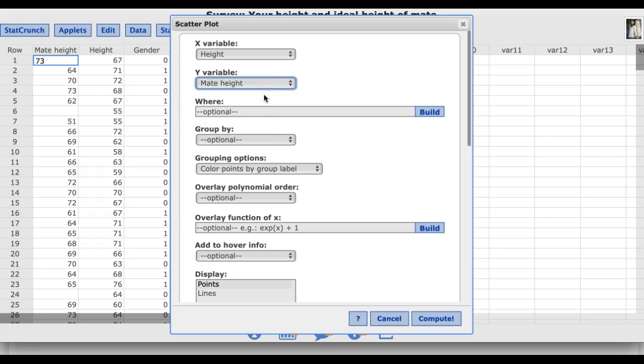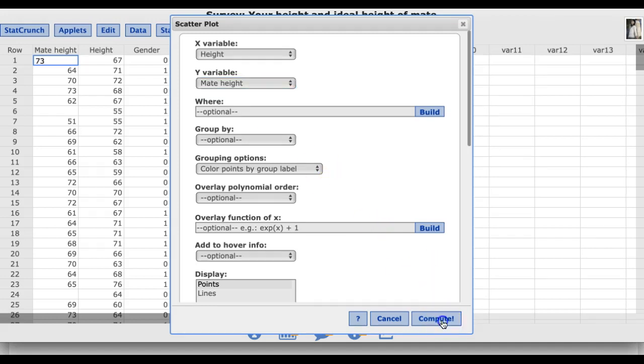It's pretty much like, given the height of a person, can we predict the height of their mate, or their desired height of the mate?